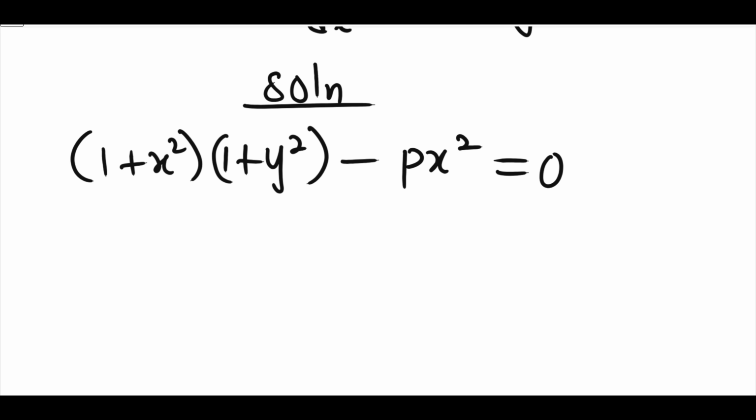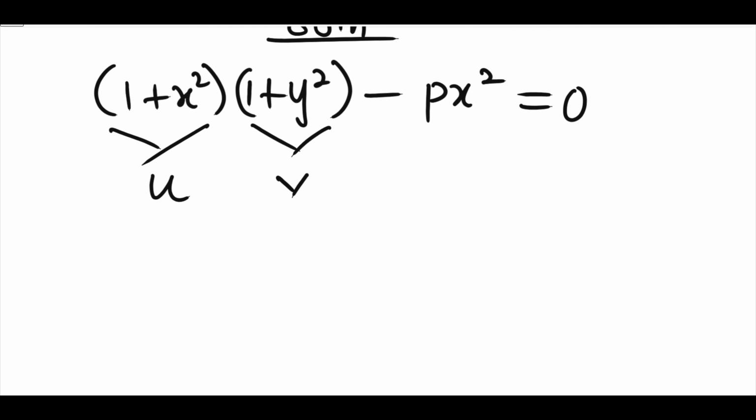Now we have two brackets multiplied by each other, so we are going to apply the product rule. You can name this bracket to be your u, and name this bracket to be your v. When you differentiate your u, you maintain your v.